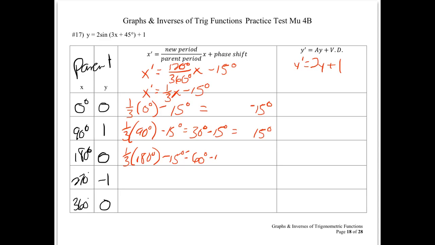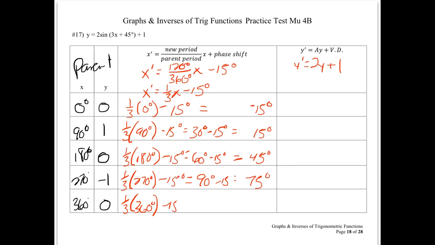That's 60 minus 15, which is 45. Then I'm going to have 1/3 of 270, which is going to be 90, minus 15, which is 75. And then finally, I'm going to have 1/3 of 360, which is 120, minus 15, which is 105.